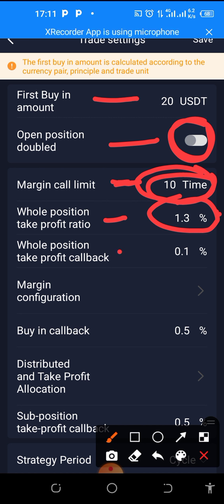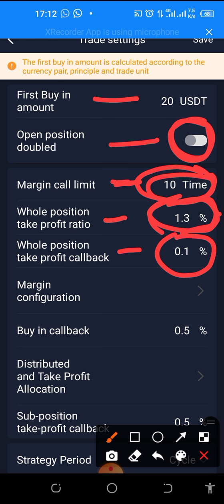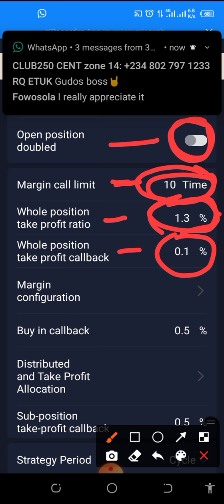The next thing you want to know is the whole position take profit callback, where you are seeing 0.1%. The meaning of that is, once your take profit gets to 1.3% as you have set here, the robot doesn't take profit immediately at 1.3%. It still gives you some chances of upward movement, if the price still keeps moving upward, to increase your chances of taking more profit.